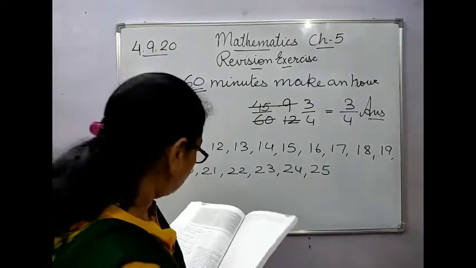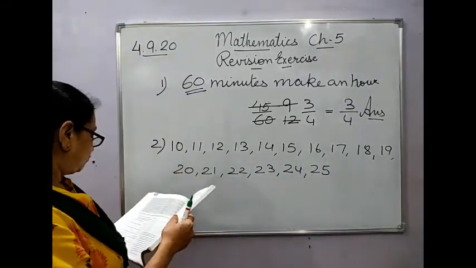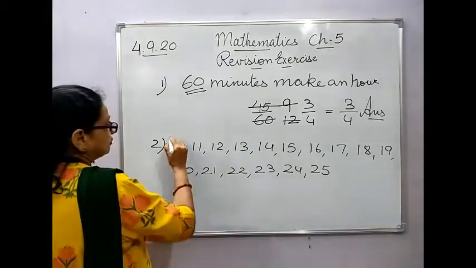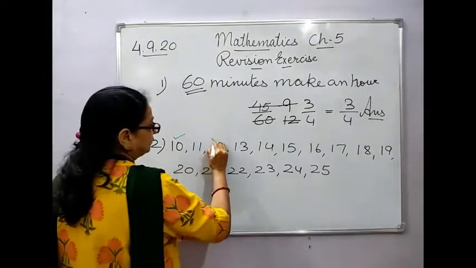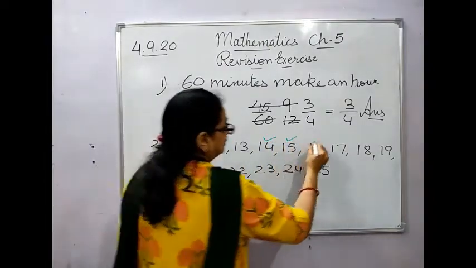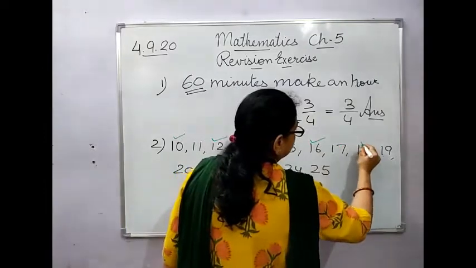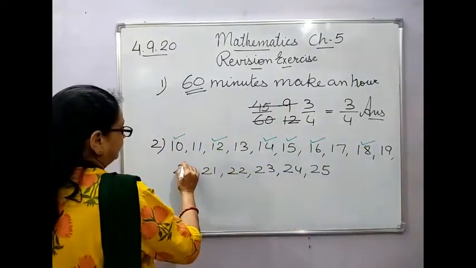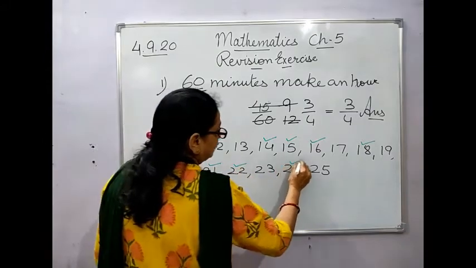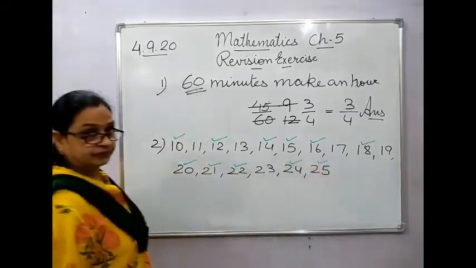Out of which they have asked what fraction of them are composite. What are the composite numbers? 10, 12, 14, 15, 16, 18, 20, 21, 22, 24 and 25.